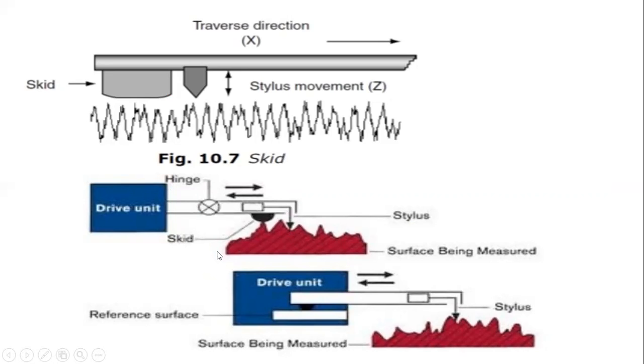So this is the surface being measured, and whenever you attach the stylus to this surface roughness, the stylus moves in the upward and downward direction, and these errors of the traced forms are sent to the drive unit to the digital circuit.